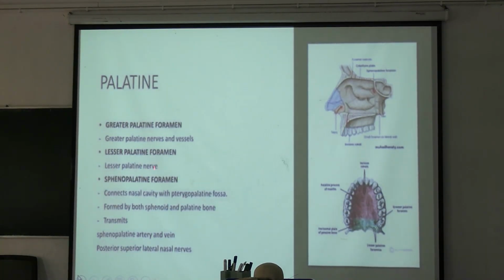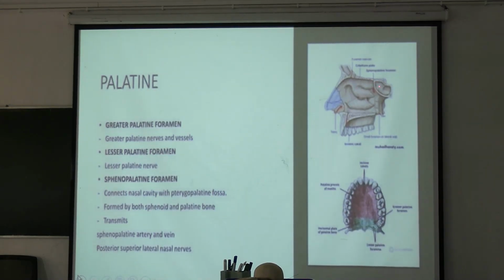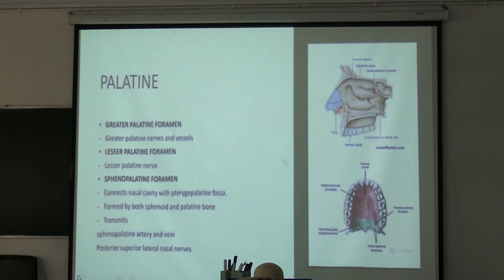Next is the sphenopalatine foramen. Here is the location of the sphenopalatine foramen. It connects the nasal cavity, this lateral wall of the nasal cavity, through this foramen to the pterygopalatine fossa, and it is formed by both the sphenoid and palatine bones.